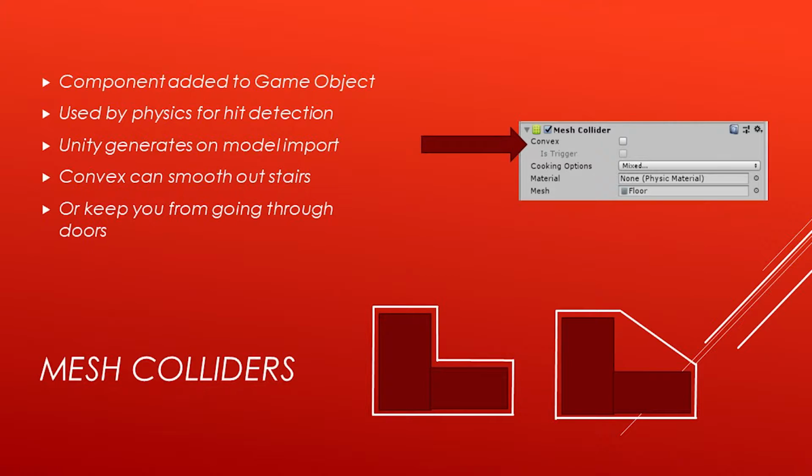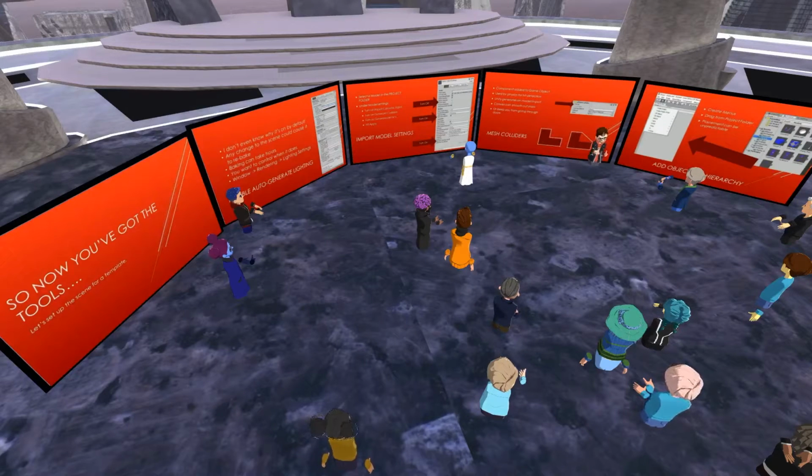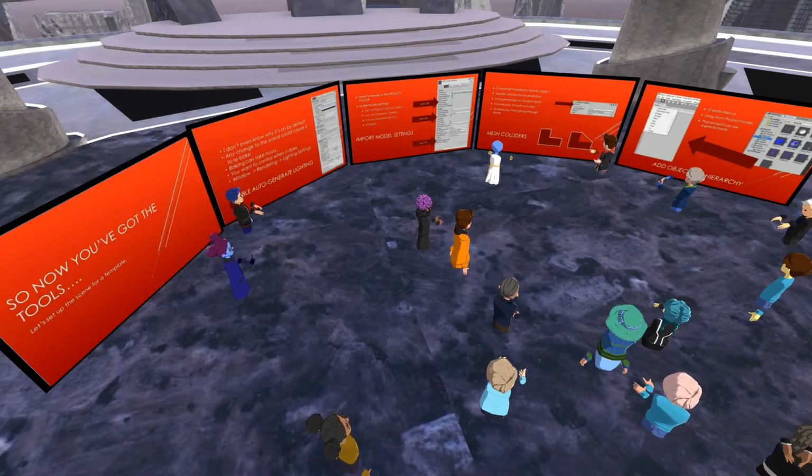I could add colliders as components to my game object once I get the object placed in the scene. But then I have to take this square thing and try to fit it, or take this round thing and try to make it fit. But if I generate mesh colliders, Unity goes through and looks at the geometry when it imports it and figures out what parts of this surface I should be able to bounce off of and not. Now when I look at the mesh collider component, right?